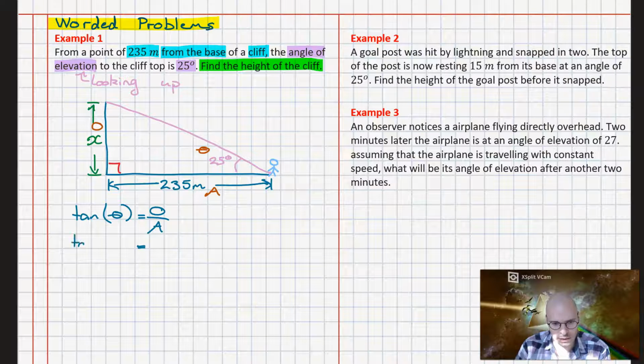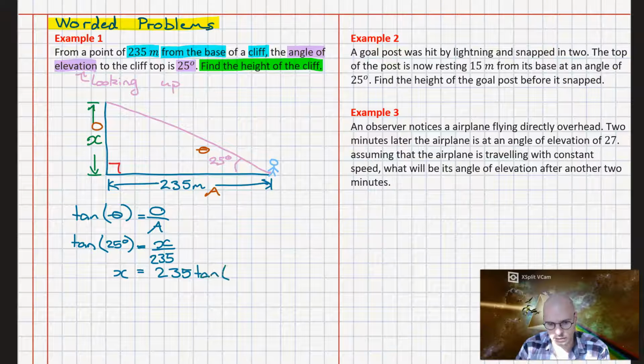Subbing in our values, we get tan 25 degrees equals x over 235. Multiplying both sides by 235 to make x the subject, we get x equals 235 tan 25.